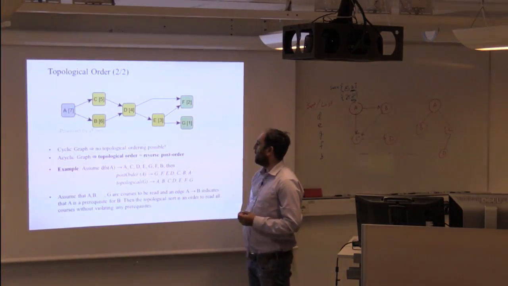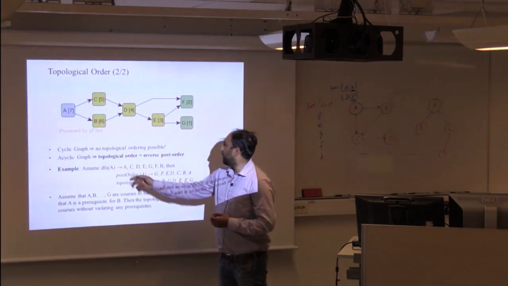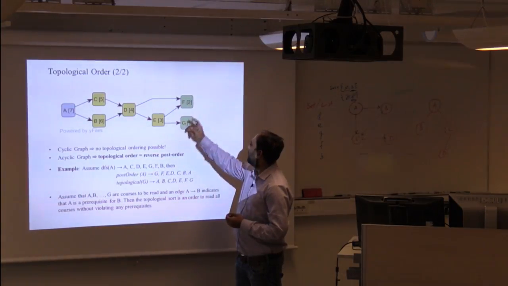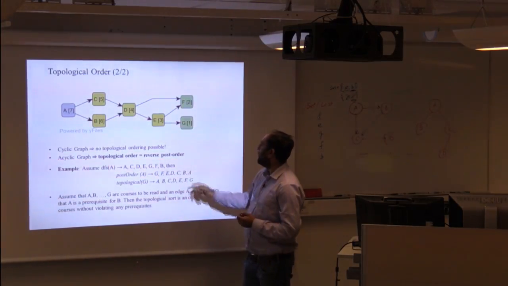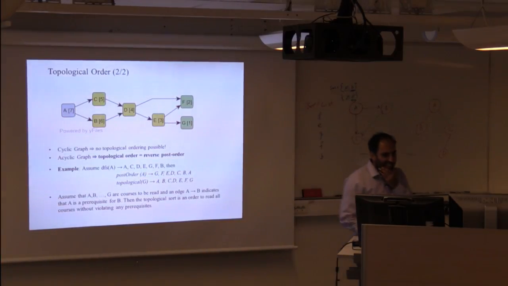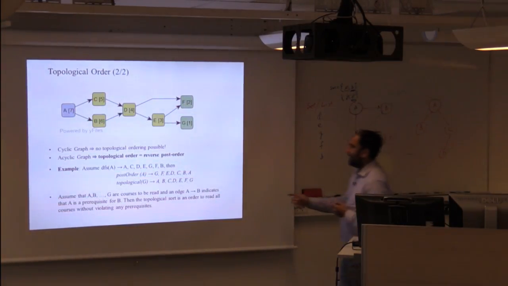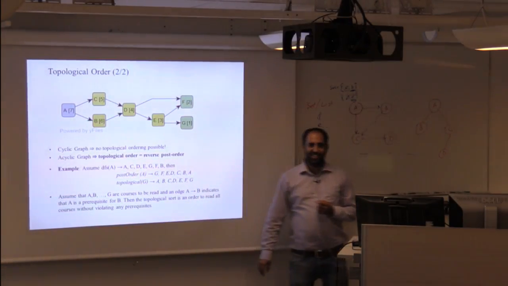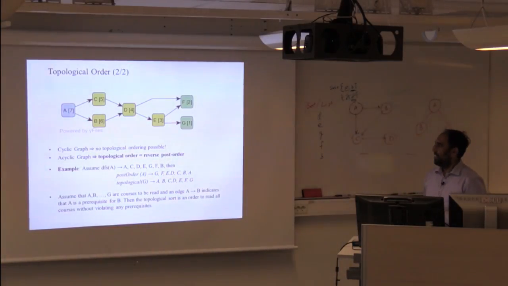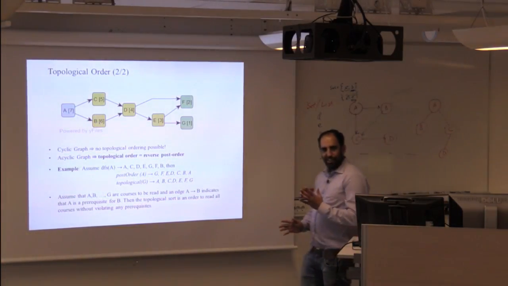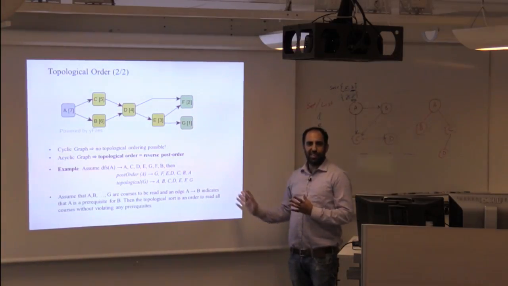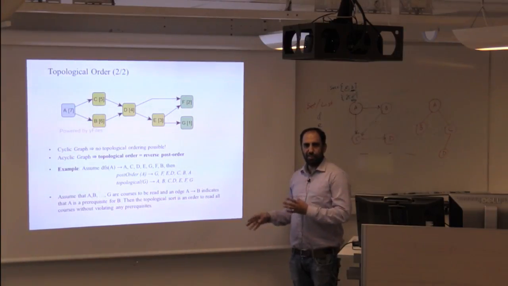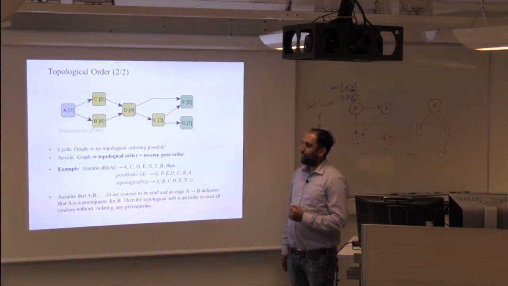We visit this node, and if we apply the post order on this, we can get first G, F, E, D, C, B, and if you reverse this post order, you will automatically get the topological order, because it's the opposite of the post order. In the post order, you first visit the descendants, then the successors, and once you have visited all the successors, then you visit the predecessors.